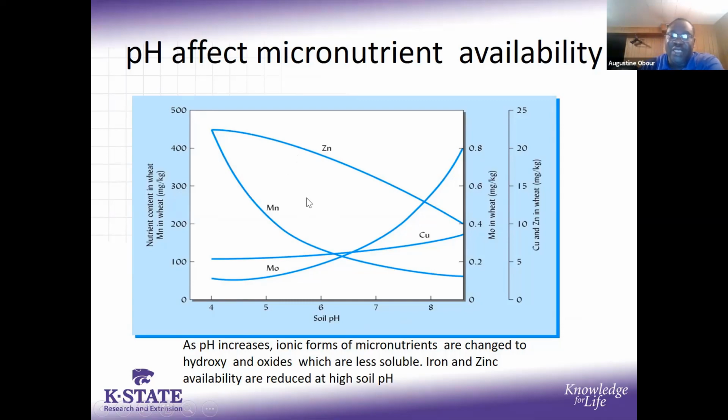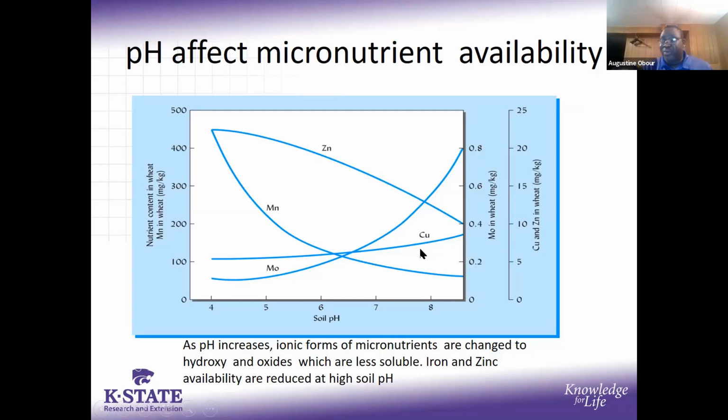We don't have iron in this figure, but if iron was to be here, it would have about the same characteristics as zinc. So as the pH increases, we tend to see a sharp decline in zinc, manganese or iron concentration. As the concentration decreases, the amount of iron, zinc or manganese that is going to be taken up by the plant is also reduced.